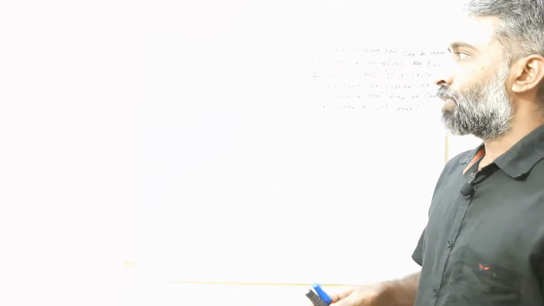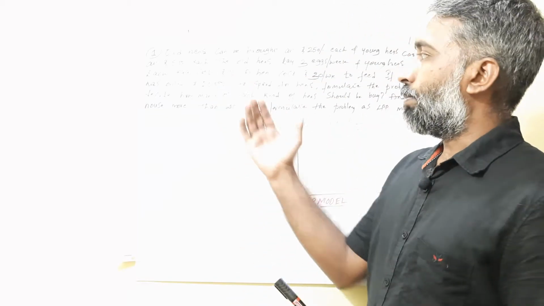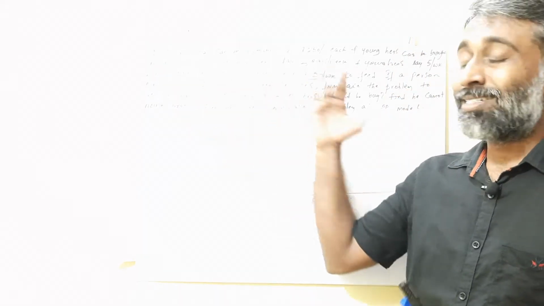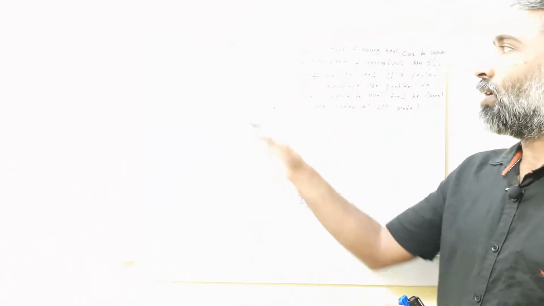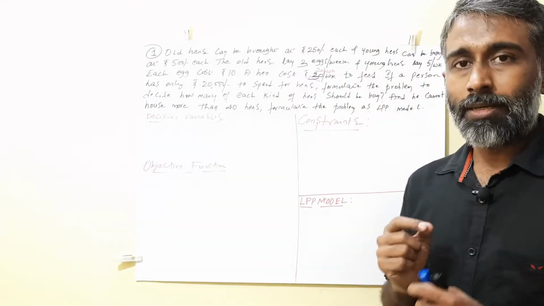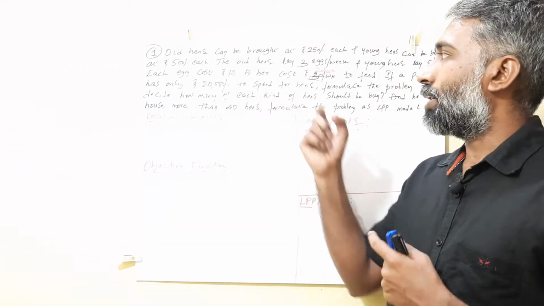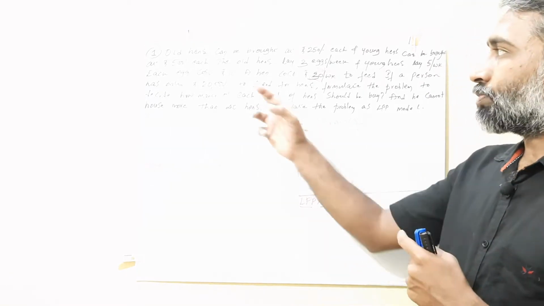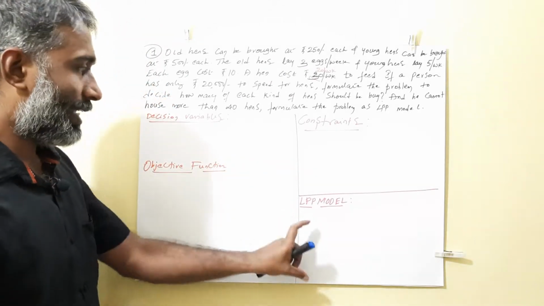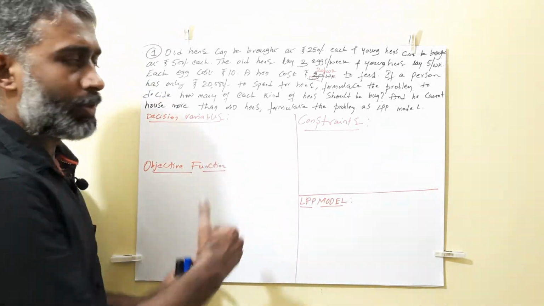Since it's about buying hens which lay eggs, and selling each egg gives a profit of 10 rupees, and in the meanwhile each hen takes 20 rupees per week for feeding. So the feeding expense is 20 per week with respect to each hen. With all this, we have to write the linear programming model. But before writing it, let's go step by step.